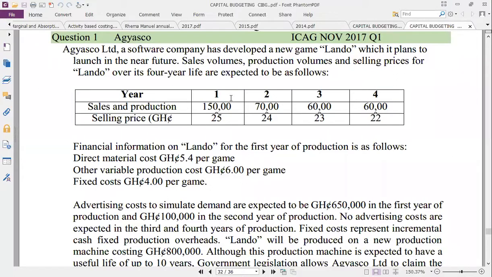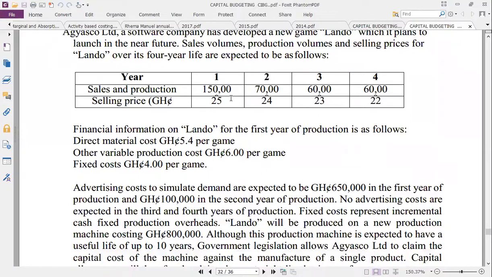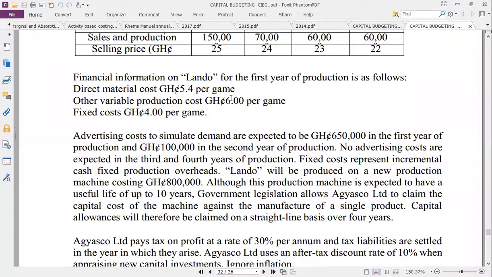Here we are saying Landu will be produced on a new production machine costing 800,000. Although this production machine is expected to have a useful life up to 10 years, government legislation allows Ajasco Limited to claim the capital cost of the machine against the manufacture of a single product.